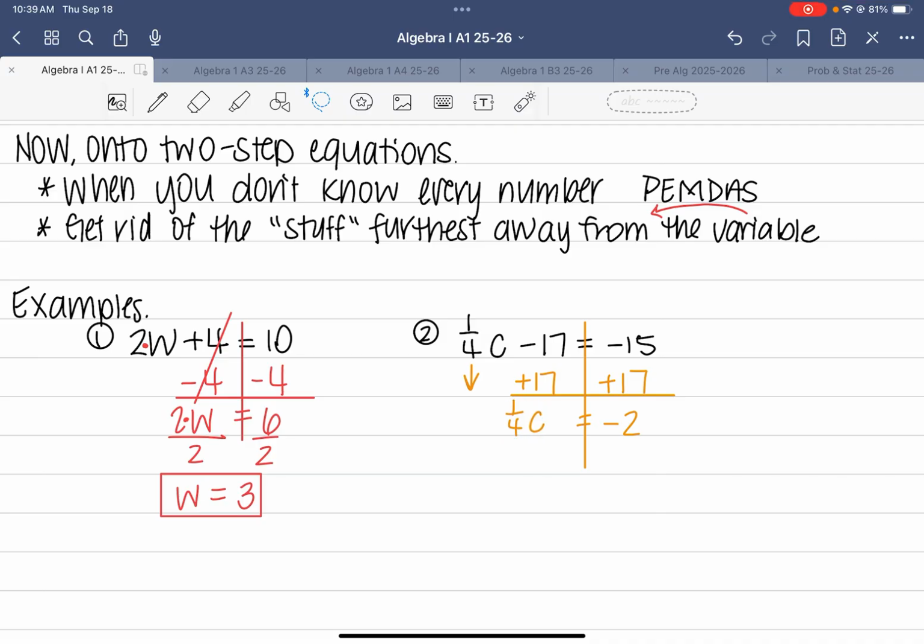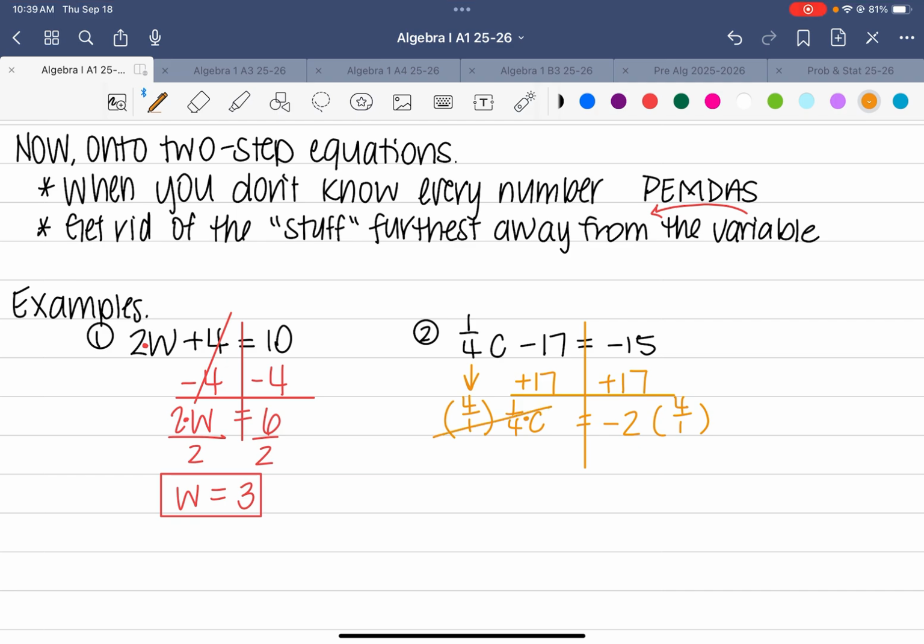Now, how do I get rid of my 1/4 out in front? I'm technically multiplying 1/4 times c. But remember, in math, we cannot divide by a fraction. So we actually have to multiply by the reciprocal. The reciprocal of 1/4, flip it, is 4/1.